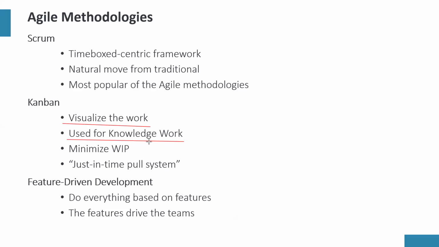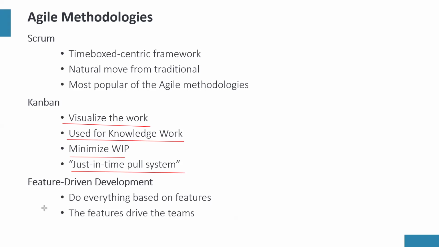Because knowledge work is hidden. It's in the person's head, the way he's thinking about and working to build a solution. And Kanban focuses on reducing the work in progress and uses a just-in-time pull system. We also have feature-driven development, where everything is driven by the features needed for the system. So these are just some agile frameworks.